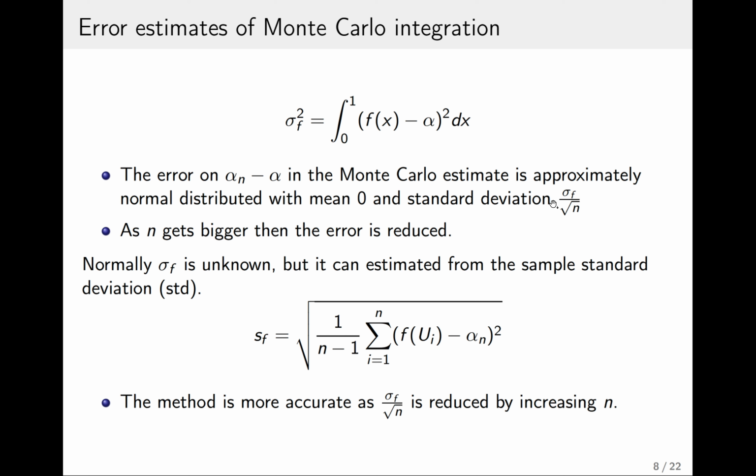So essentially you're computing an estimate of the variance, divided by roughly the square root of n, the number of samples. As the number of samples gets bigger, the error is reduced. This is the key point: as you have more samples, the variance stays roughly the same, and as the number of samples goes up, the error goes down like one over the square root of n.